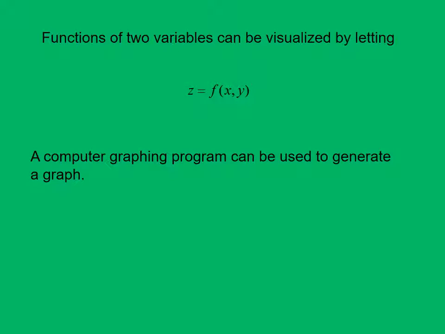So typically we have the x, y, and z coordinate system. Now it's assumed that z is a function of x and y. Many graphing utilities can only handle functions of x and y. Now of course you'll see in our assignments, Maple doesn't necessarily need us to have functions of x and y.